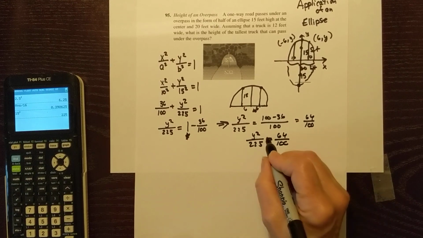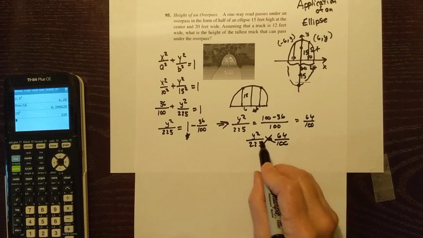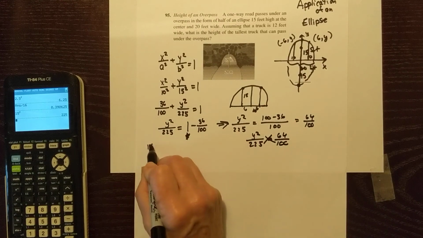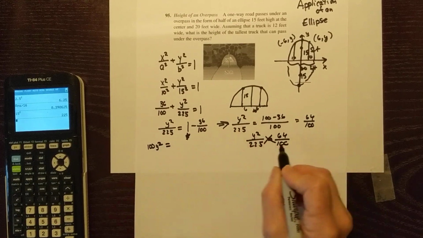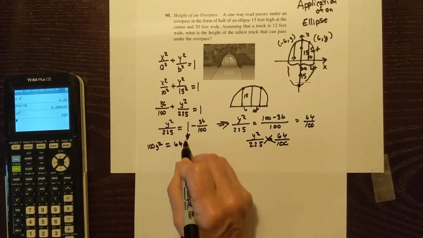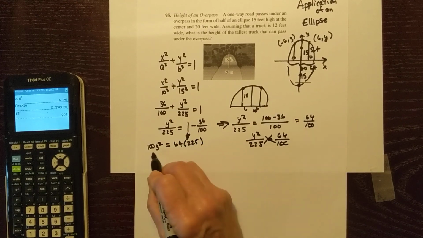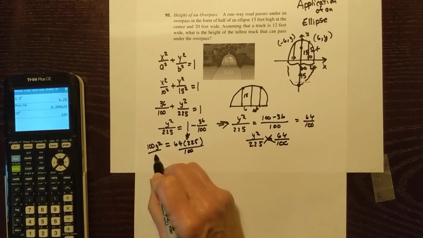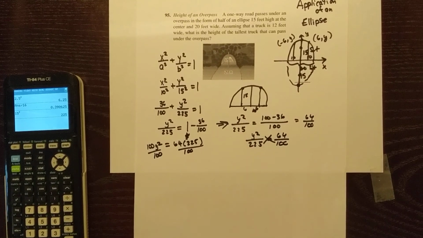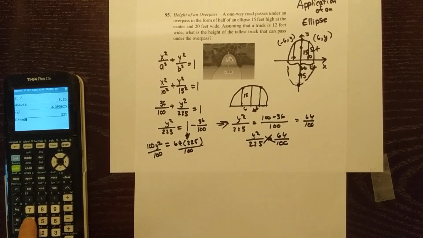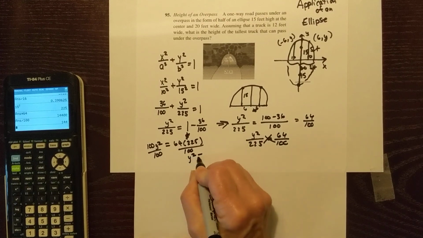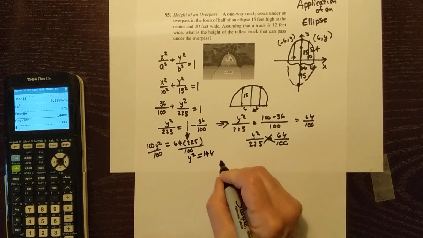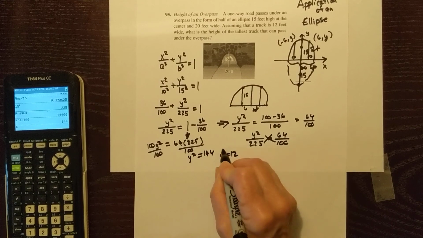I can cross multiply here. So I'll get 100 times y squared is equal to 64 times 225. And then I'll divide both sides by 100. And that gives me, let me see, 225 times 64 divided by 100 gives me 144. y squared is 144, so I take the square root, and y is equal to 12.